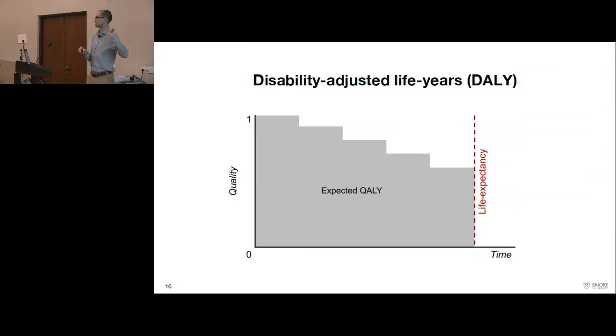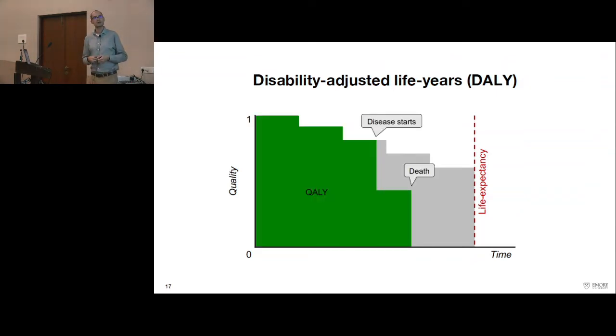This is what would be expected if the person didn't get the disease. The quality of life slowly decreases with age. So let's say now the person gets sick at this point. So the quality of life decreases immediately. The person lives with this decreased quality of life for some time, but then dies.